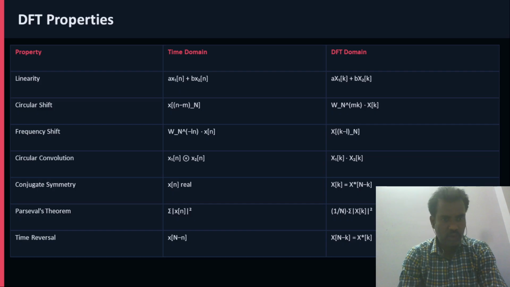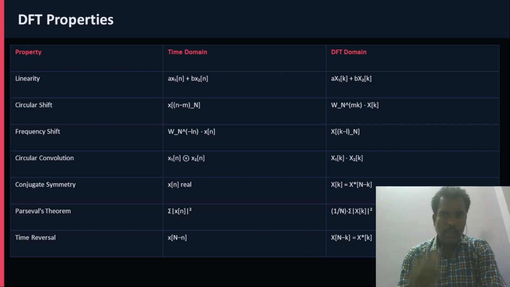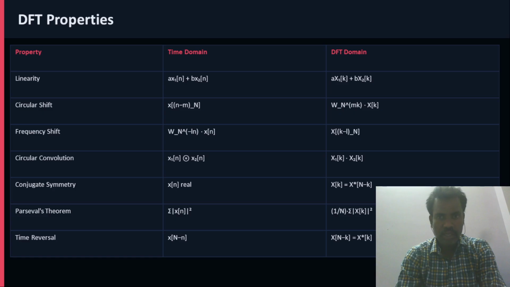Next one is Parseval's theorem to find the energy of the signal in both time domain as well as frequency domain. And then time reversal. So let us see the properties conceptually, instead of deriving them, so that we understand them and mathematically they can be derived.